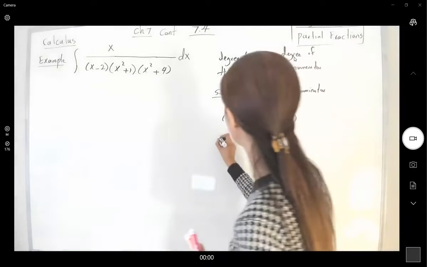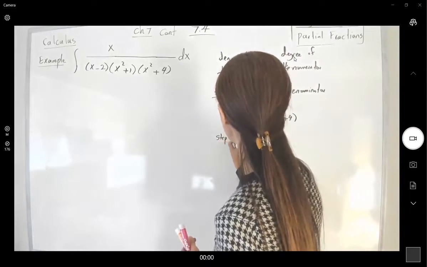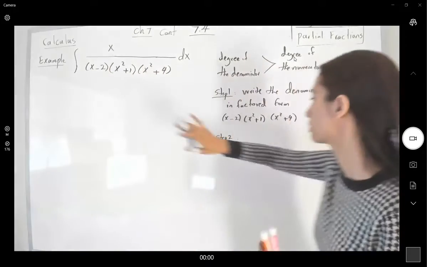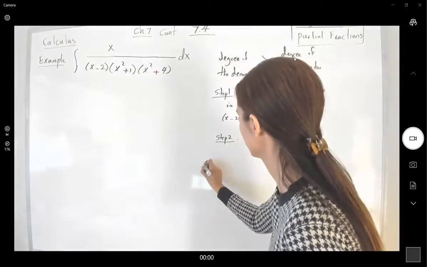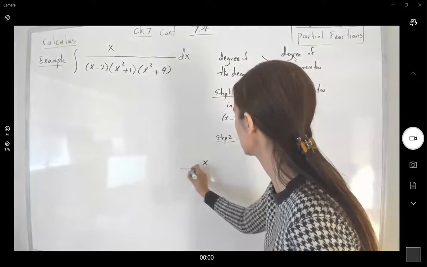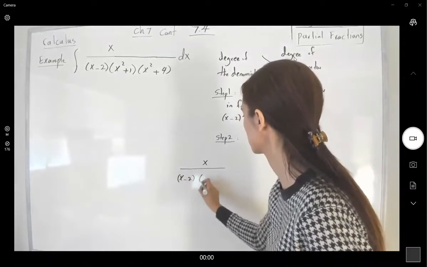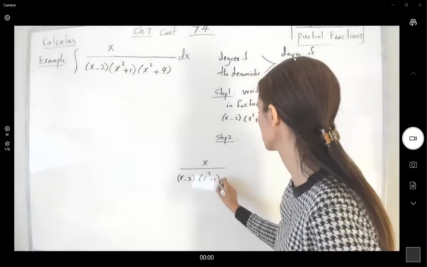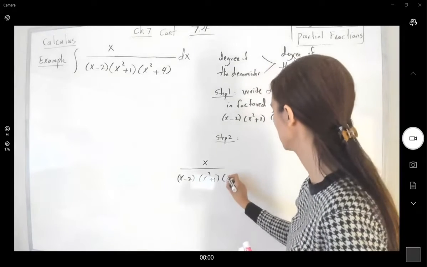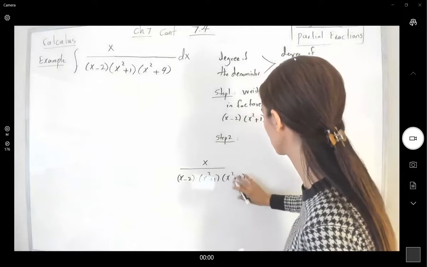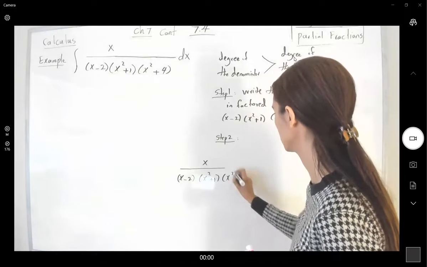Okay, step 2. We need to use partial fractions. We're going to copy down whatever our fraction is, x divided by x minus 2, x squared plus 1, quadratic expression, x squared plus 4, another quadratic expression, equals.